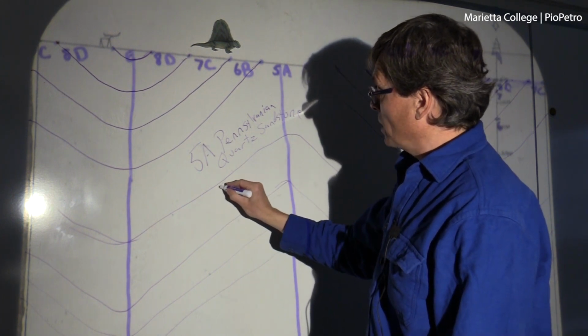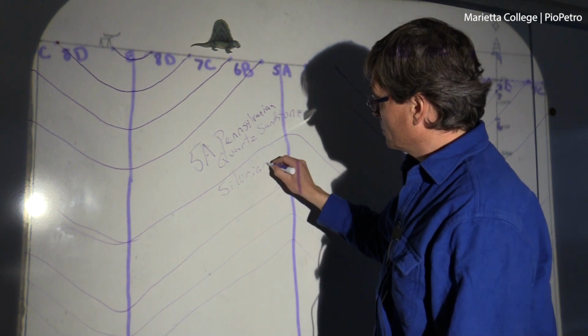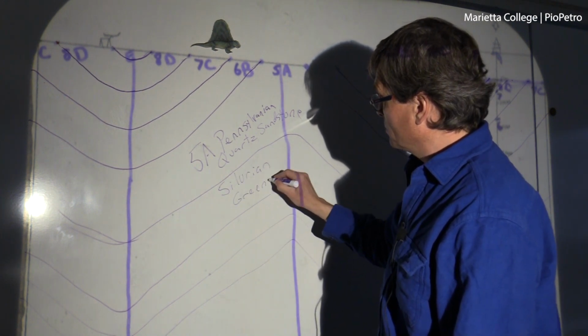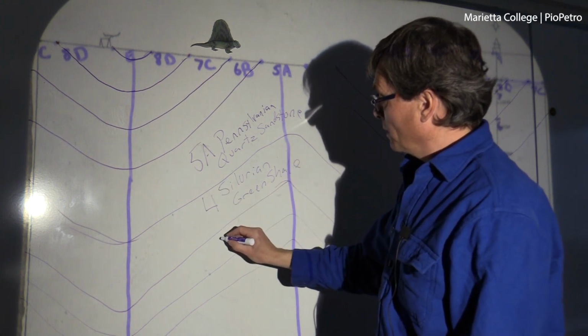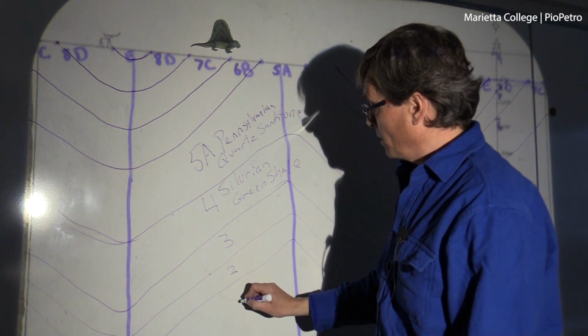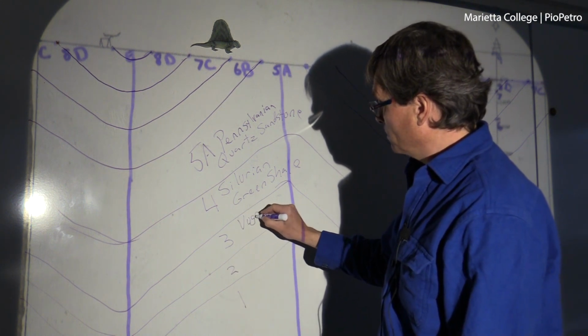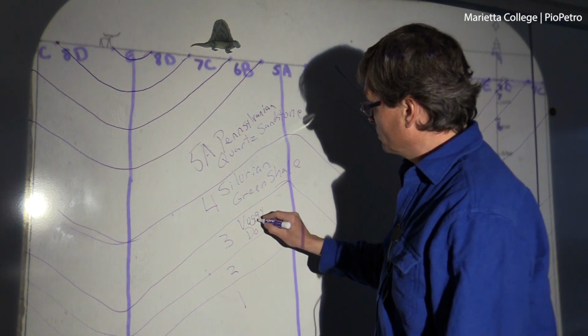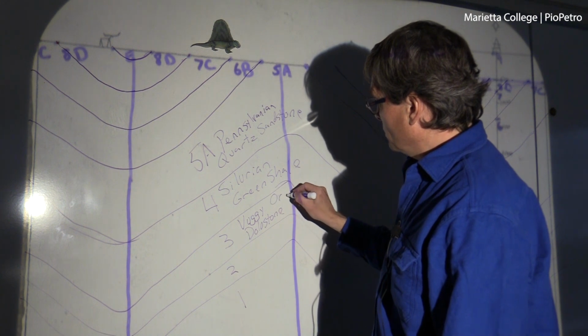That's the shale. That is the Silurian green shale. That's layer 4. Layer 3, layer 2, layer 1. Layer 3 is the Vuggy dolostone. And that is Ordovician.